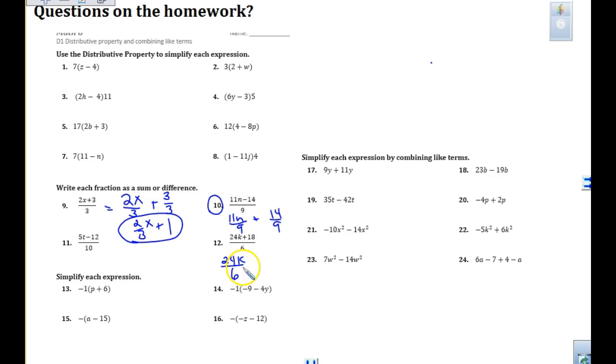And that line does mean division, okay? That fraction bar does mean division. And then we would continue, Courtney, with 18 over 6. And both these can be divided by 6, so you want to put the simplified answer, right? By taking 24 and dividing it by 6 as you look at those.